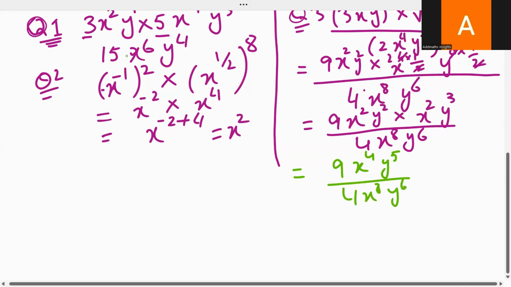Now the fraction means division. So now you apply the second law of indices and we subtract powers. 4 minus 8 and y, 5 minus 6.